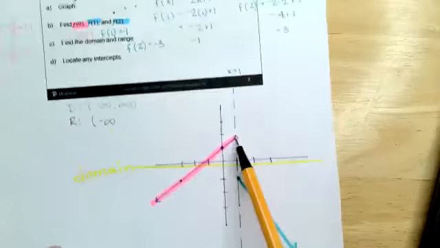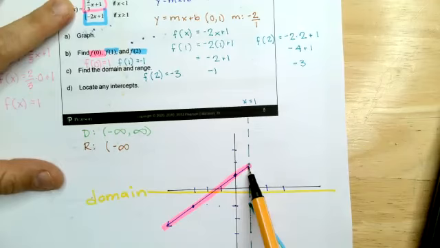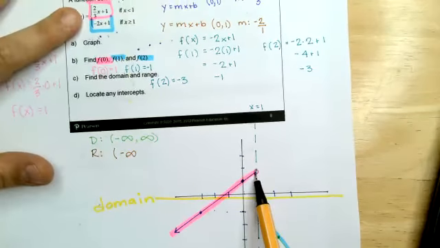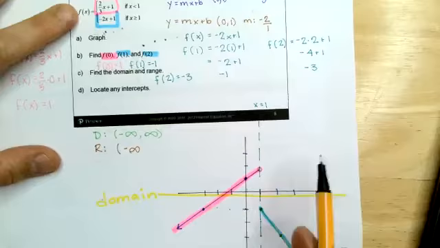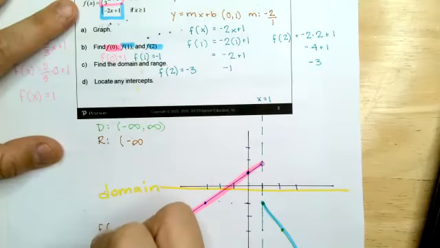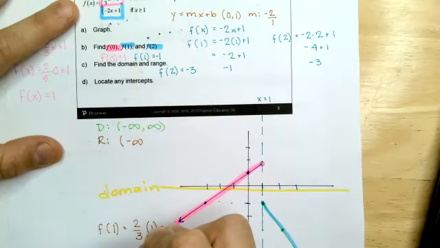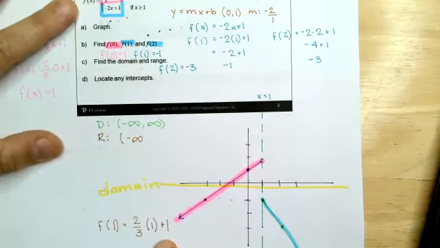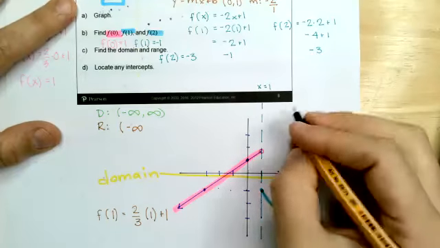It's on my first graph, right? And it's at x is 1. It doesn't include x is 1, but it's at x is 1. Good. So I can say f of 1 is 2/3 times 1 plus 1. So my highest point on my y is right here.